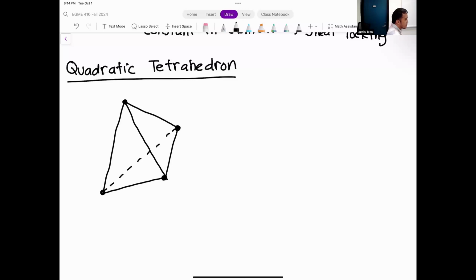We have nodes at each of the vertices of the element itself. Okay. But remember, when you have a quadratic element, we're going to add nodes in the middles of each of the edges themselves. Okay. We're going to have a node here, here, here, here, here. All right, so let's count these up. 1, 2, 3, 4, 6, 7, 8, 9, 10. Good.